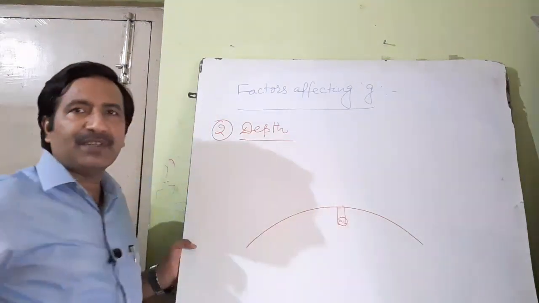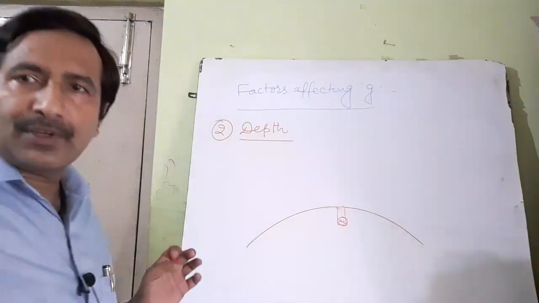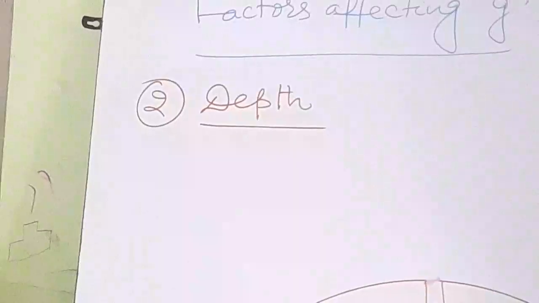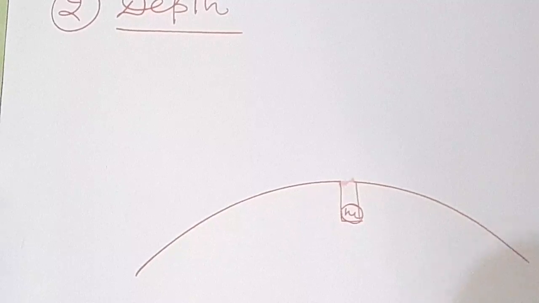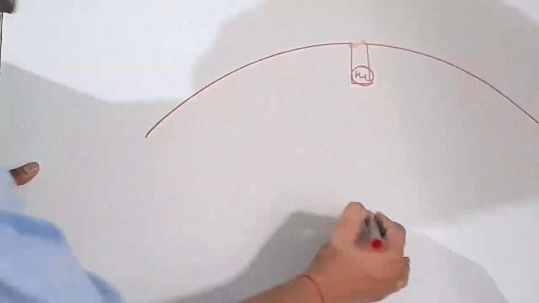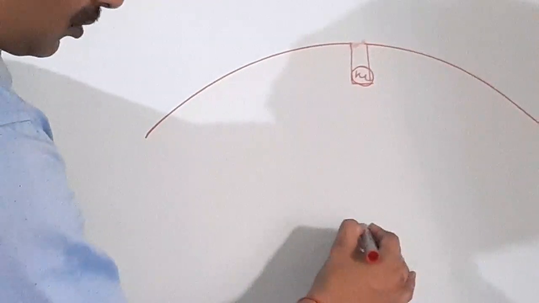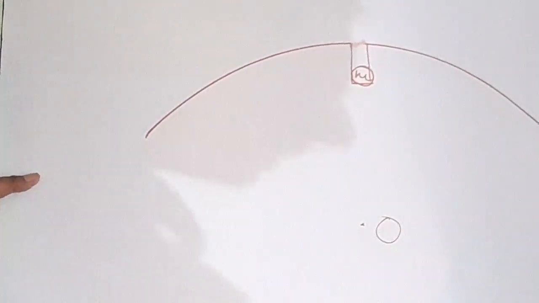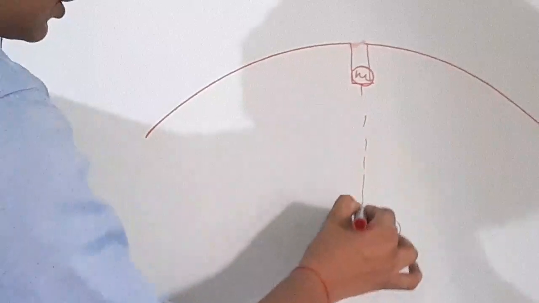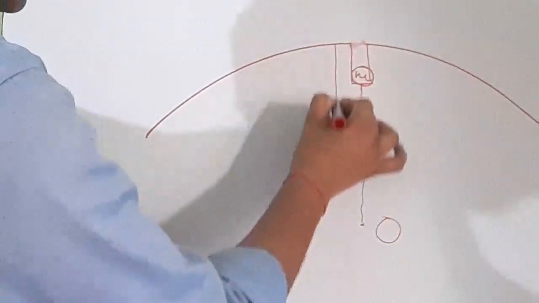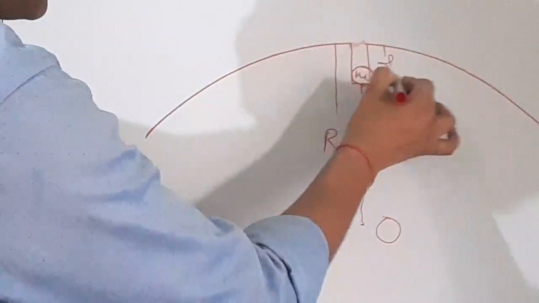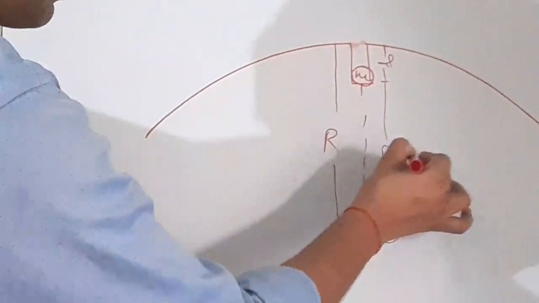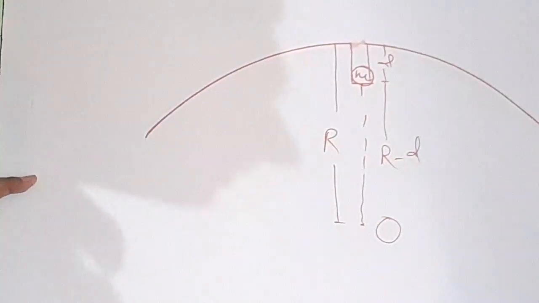The mass of the object is m, and this is the center of the earth, O. The distance between these two, radius is r, depth is d. So this distance will be r minus d.